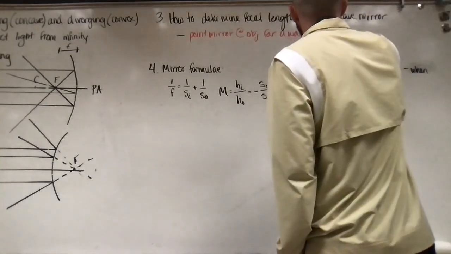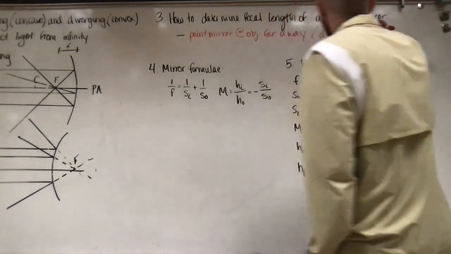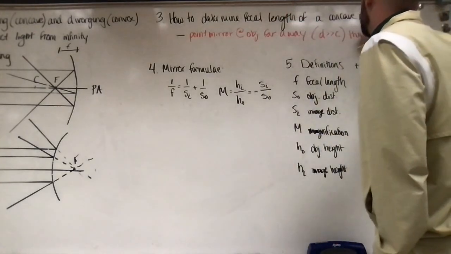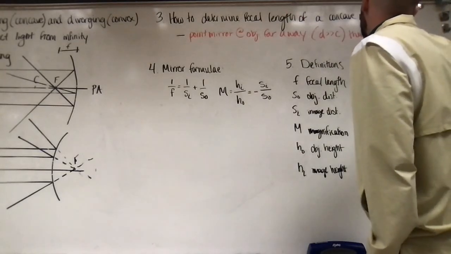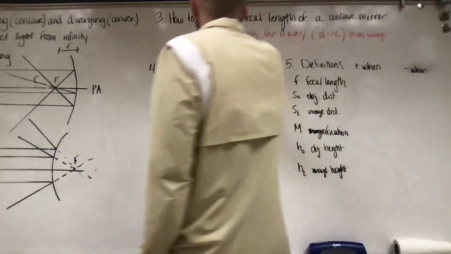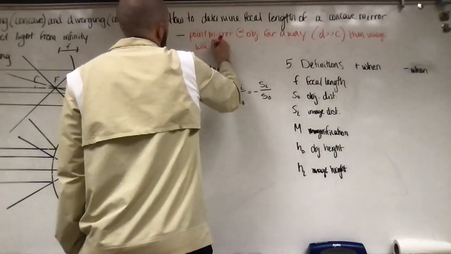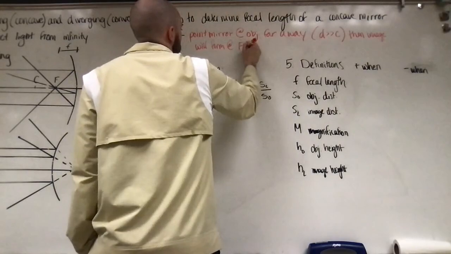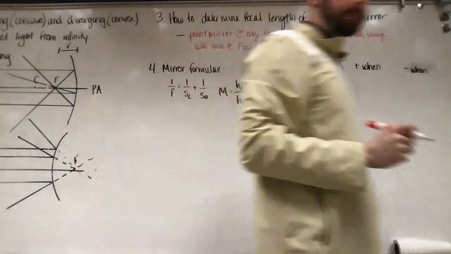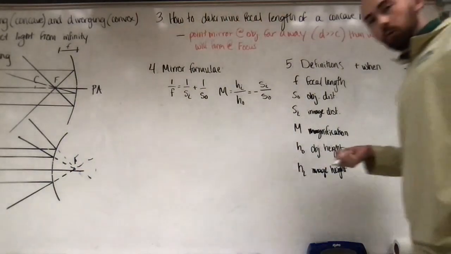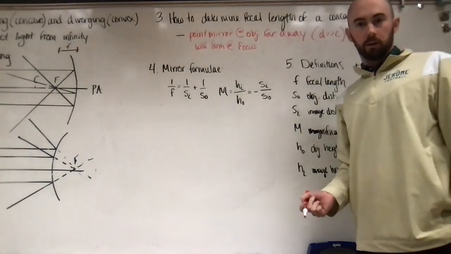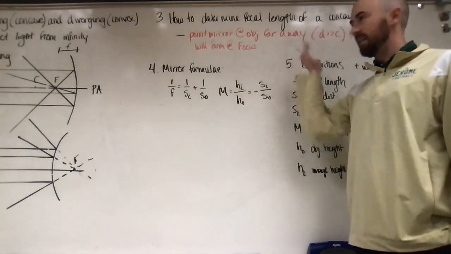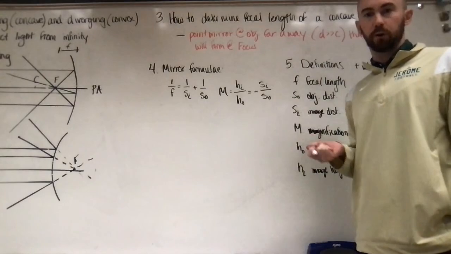So D significantly bigger than C. Then the image will form at the focus. In real life, it won't actually be at the focus. It'll be pretty close, but it's close enough that it works for your answer.